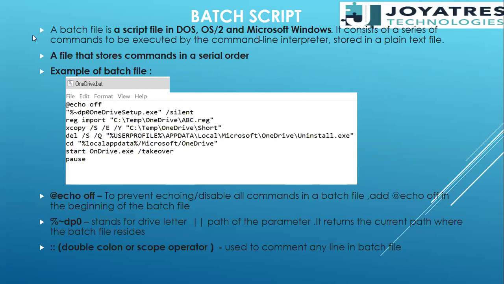To disable that black screen, because obviously when you give the application to the user it should be completely silent. If that type of box prompt comes, the user will not understand, or maybe they will get scared about what this pop-up is. So to disable that pop-up we have to give @echo off.